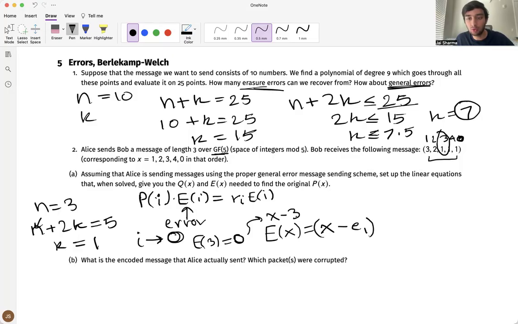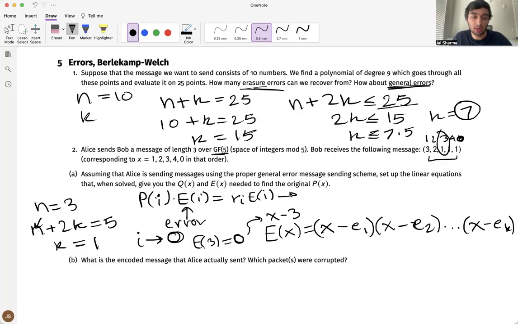So in this case, it could be 3. But let's say there's also an error in 2, so maybe there's another error, x minus E2, whatever the second error is. And so on. If there are k errors, in general, this would be x minus E1, x minus E2, x minus E3, all the way to EK. And if you put any of those errors in, this whole polynomial will become 0.